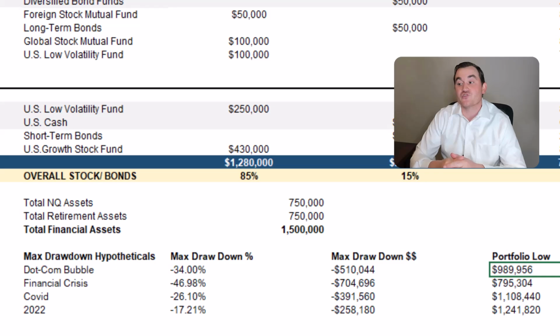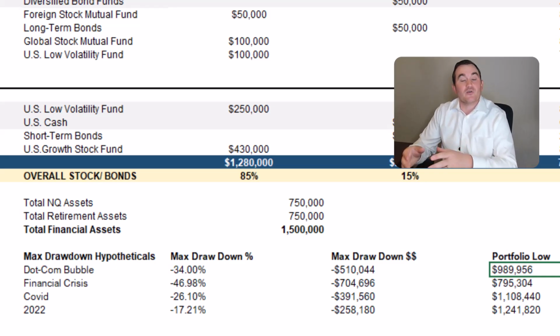Their portfolio would have dropped from 1.5 million to 795,000. During COVID, they would have gone down by around 400,000 to a $1.1 million portfolio, and then in 2022, they would have gone down by 250,000 to a $1.24 million portfolio. So we're not going to go any further until we tie this all together.